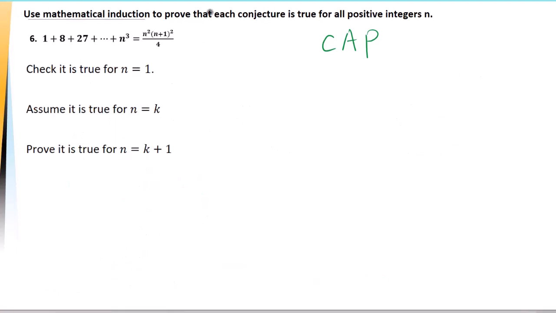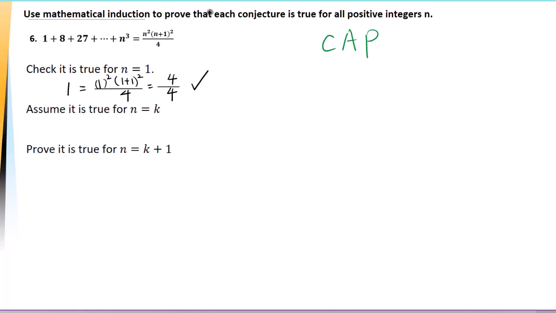Question 6. Check: is it true for n equals 1? On the left side, the first term is 1. On the right side, 1 squared times (1 plus 1) squared over 4 equals 4 over 4, so it's true for n equals 1.